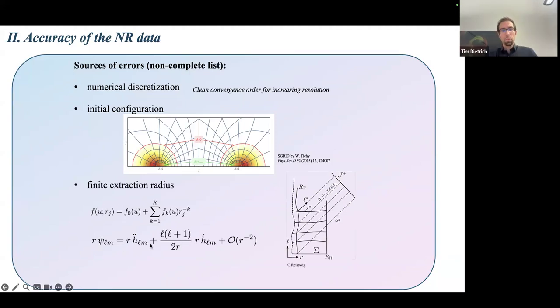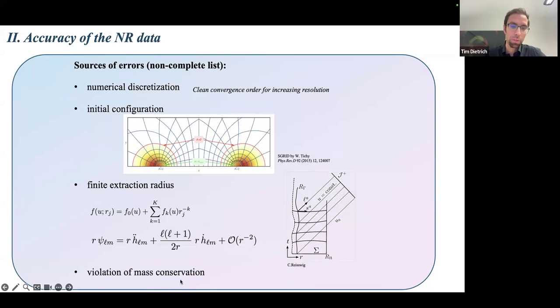Then you simulate everything on a finite domain, which means that you have a finite extraction of the waveforms. Of course, you can do Cauchy characteristic extraction if you want, but this is, from, let's say, these 1,000 simulations, done for less than 1%. So most of the time, errors come into play by actually extracting the gravitational wave signal at a finite radius. But these errors, I'm quite convinced, are significantly smaller than the other ones.